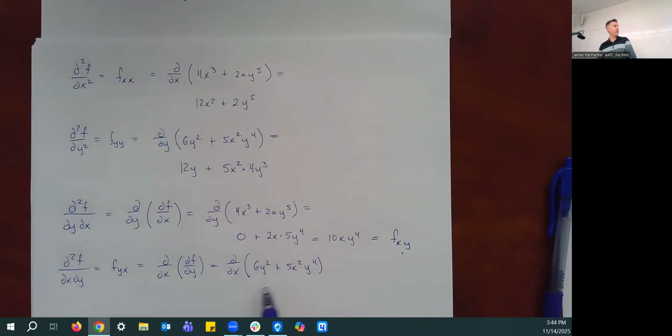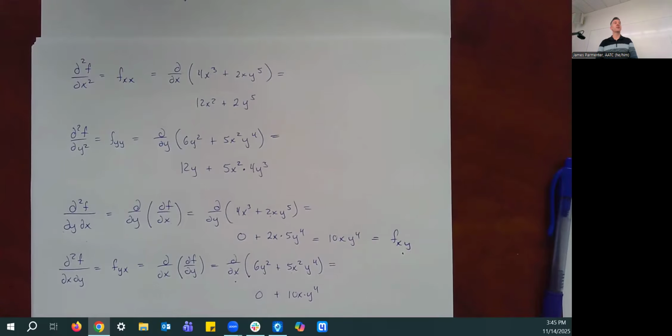That is our first partial derivative with respect to y. Now we take the derivative of that with respect to x. The derivative of 6y squared is 0. The derivative of 5x squared times this constant y to the fourth is exactly the same as before. And you might notice that these are the same.